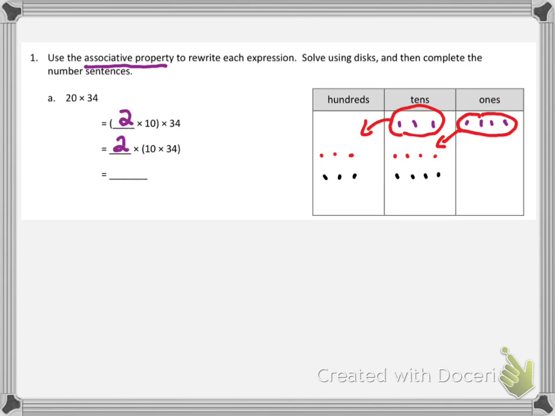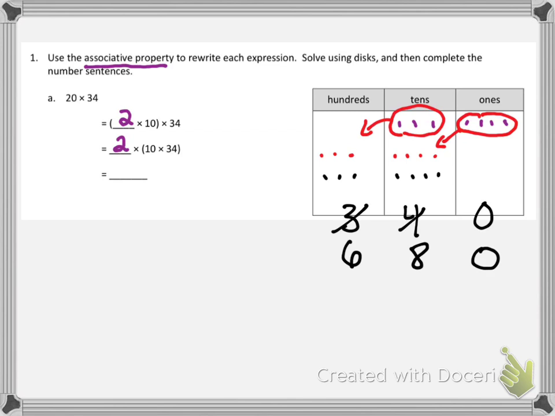And we started out with 340 because that's what we had over here. But because we multiplied by 2, we needed to make another group. So now what we have here is 6. Since we doubled it, we have an 8 in the tens, and we still have no ones.